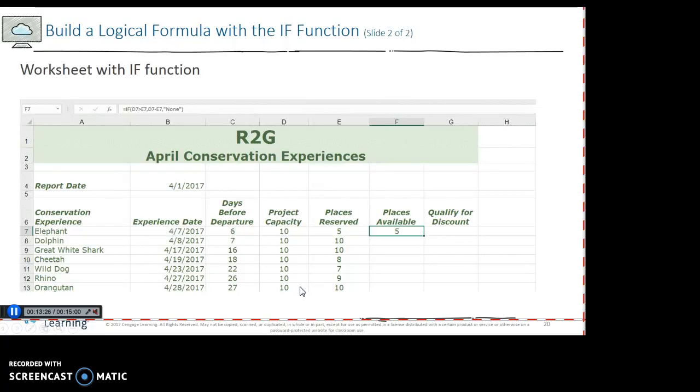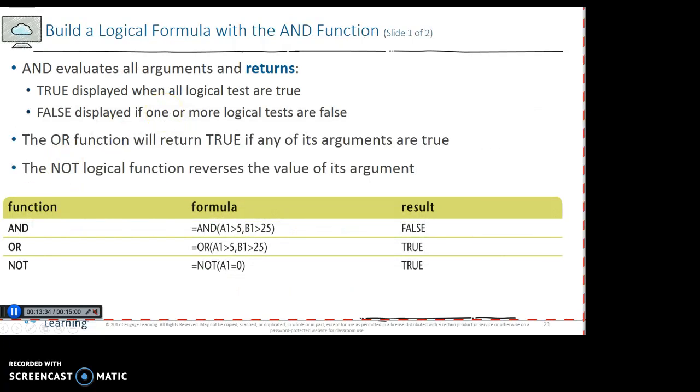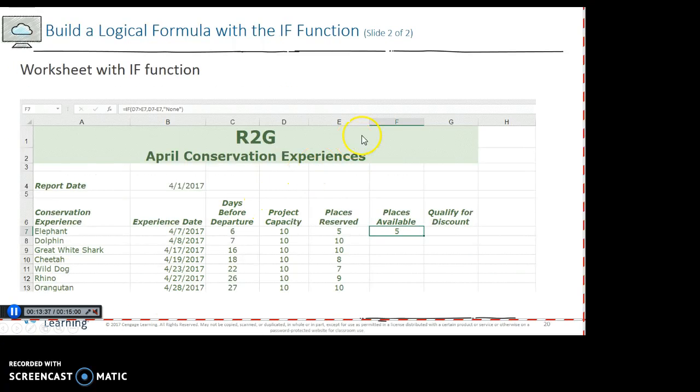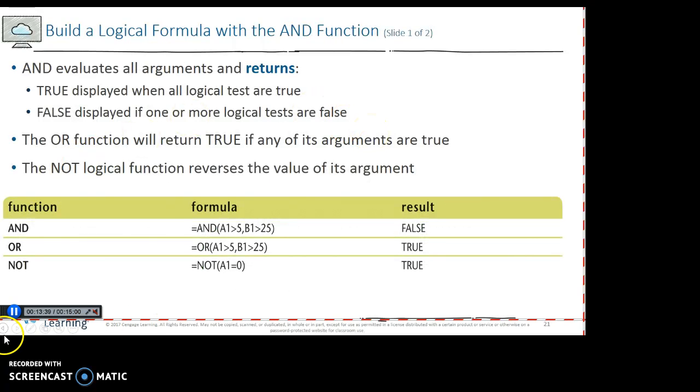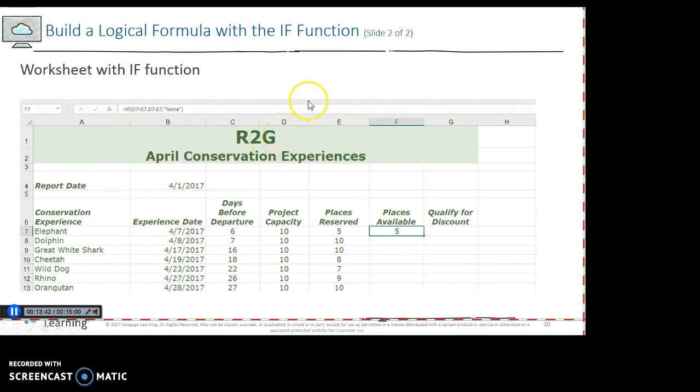Here's an example of an IF function. So it says in the equation here, and you can kind of follow along. Let me go back so that you can see this. It says if D7 is greater than E7, then you perform the calculation D7 minus E7.